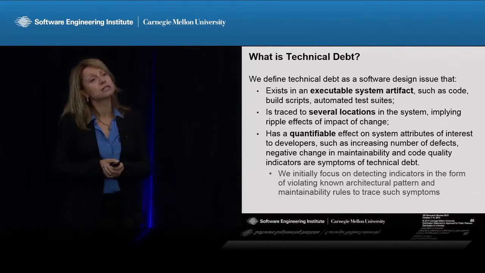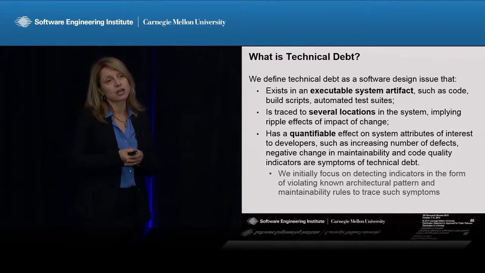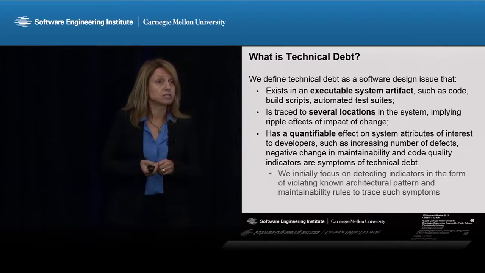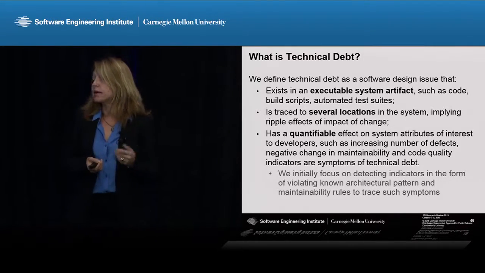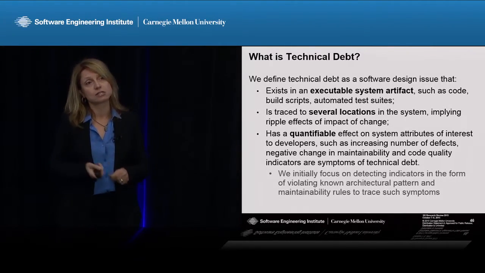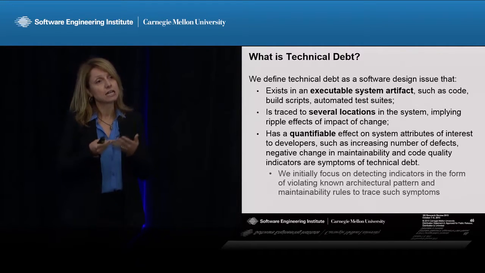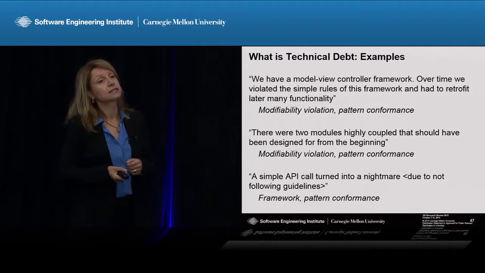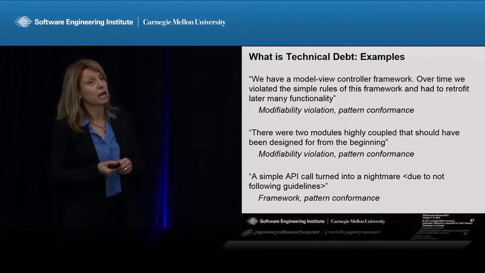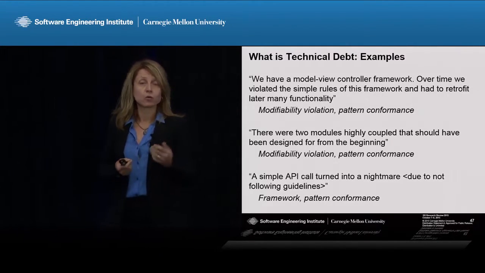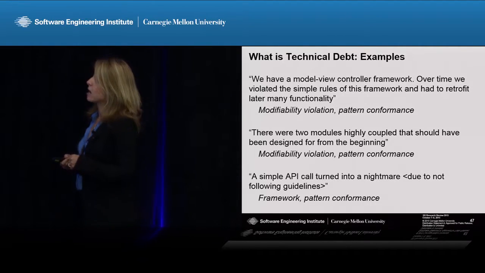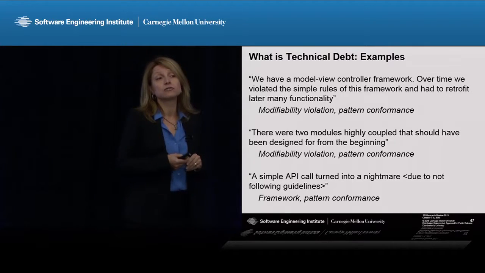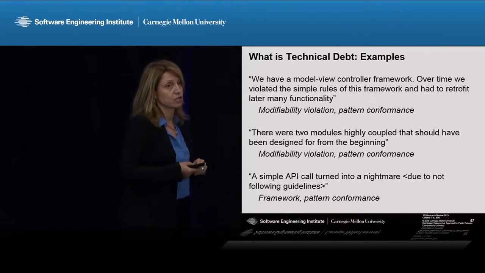So we trace it initially to a focus area where violating particular architectural patterns or decisions or maintainability rules results in some of these effects throughout the system. Let me give a couple of examples that come from collaborators we're currently working with, that are real and dear to their hearts. The first one is they picked a model view controller framework initially for their system.